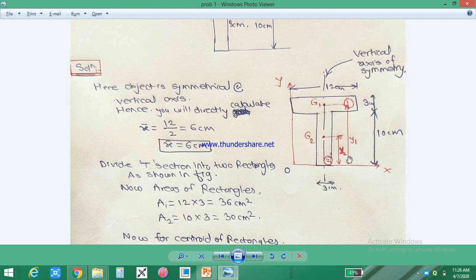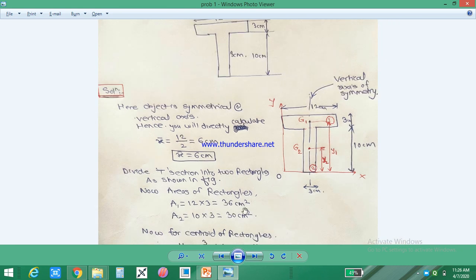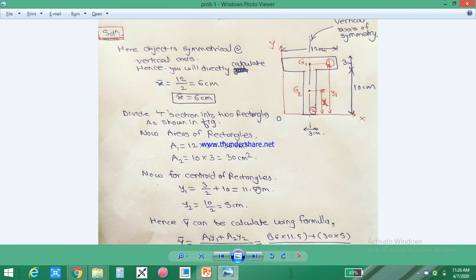So y1 is 3 by 2 plus 10. Now y2: the second rectangle is directly attached to the x-axis, so we need not add any distance. This distance is d by 2, so 10 by 2 is equal to 5 centimeters.